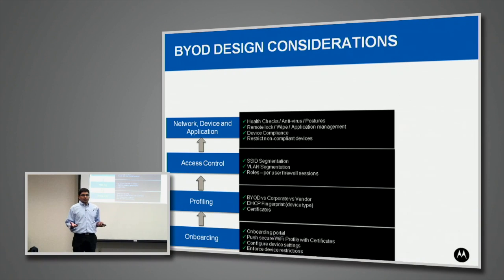And then MDM gives IT control over these devices, being able to remote wipe, enforce locks, and control the applications that run on the mobile devices. So that's MDM and NAC, right?